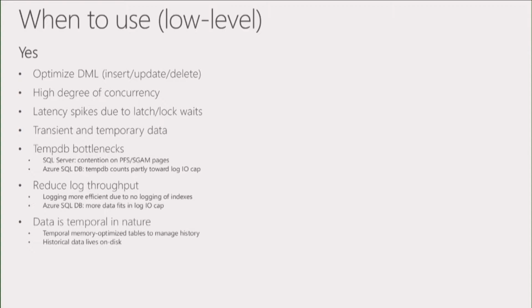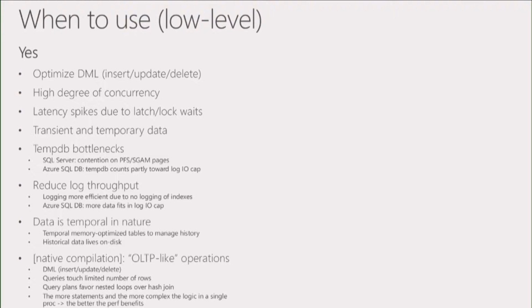The history is maintained in a disk-based table. So the nice thing is you only need to provision enough memory for the current state of affairs, and the movement of the data from memory to disk is handled by SQL Server.